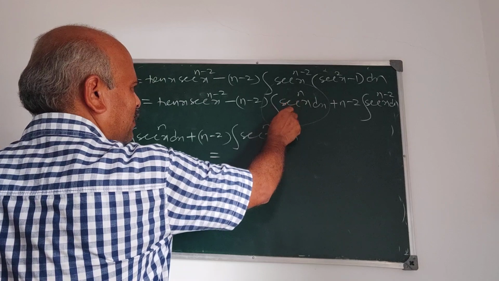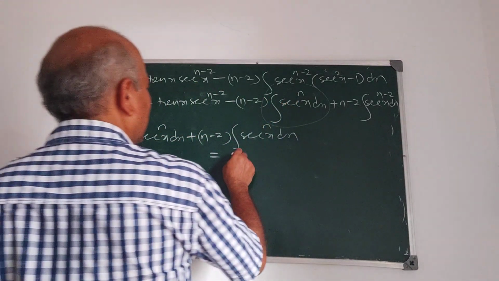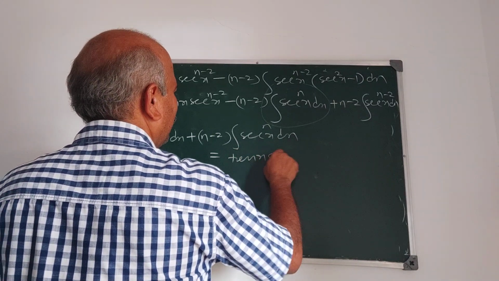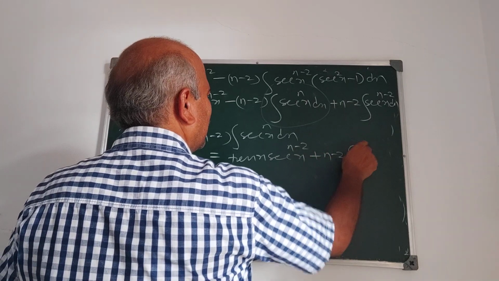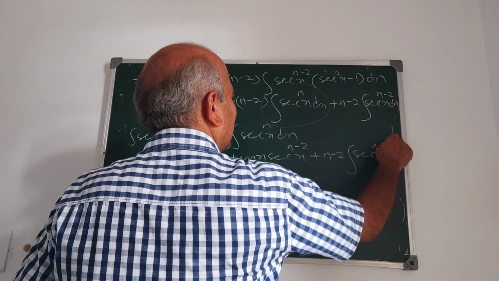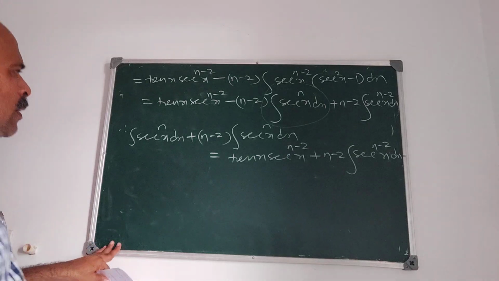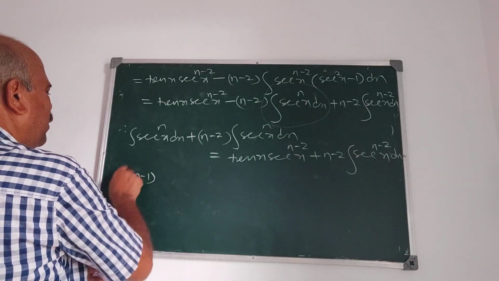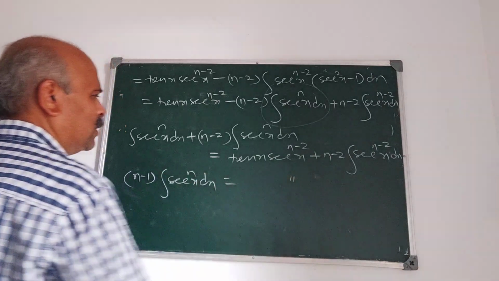This we have started from this. So we transpose this to left hand side. Is tan x sec x raised to n minus 2 plus n minus 2 sec x raised to n minus 2. Therefore n minus 1 integral sec x raised to n dx is equal to this.